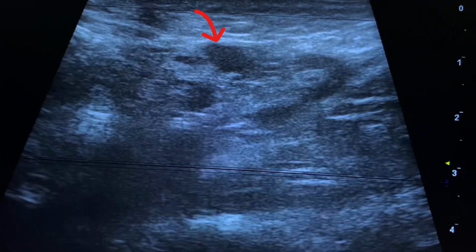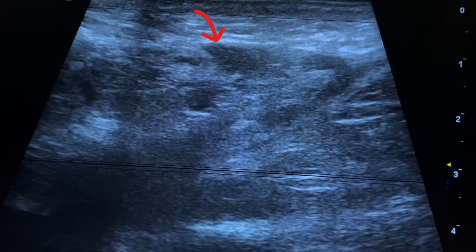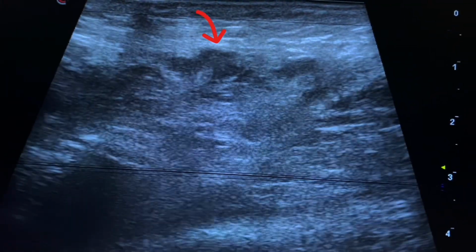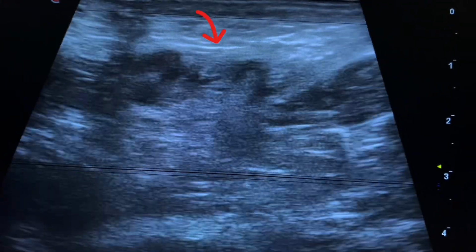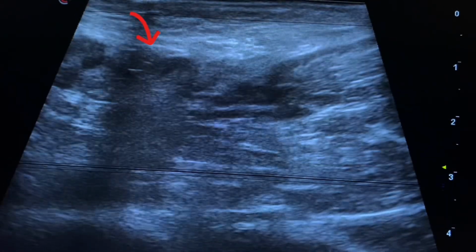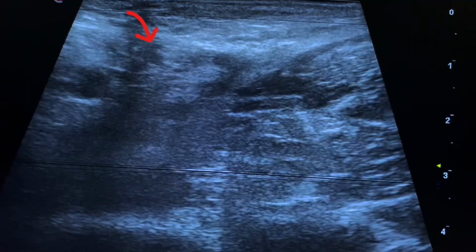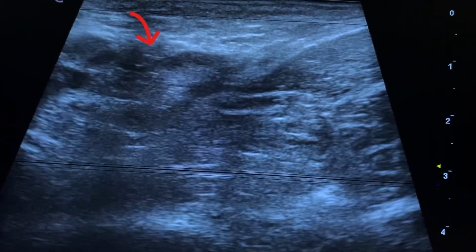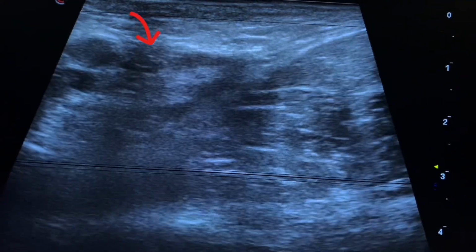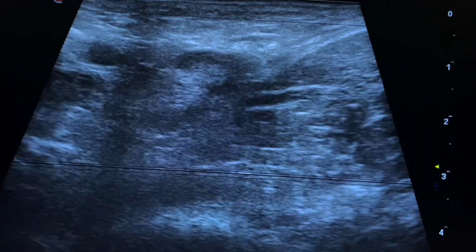Here we see the lymph nodes which are increased in size with preserved central fatty hilum in the inguinal area. The patient is also feeling pain at this area due to inflammation.